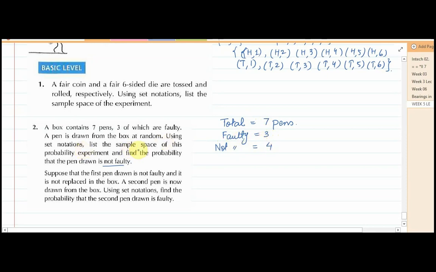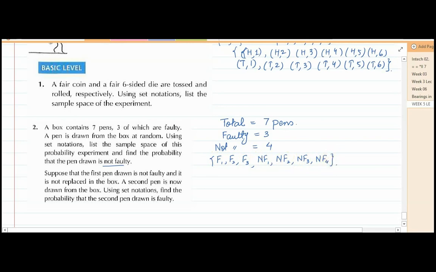Using set notation, list the sample space. So your sample space: faulty pen 1, faulty pen 2, faulty pen 3, and non-faulty pen 1, non-faulty pen 2, non-faulty pen 3, and non-faulty pen 4.